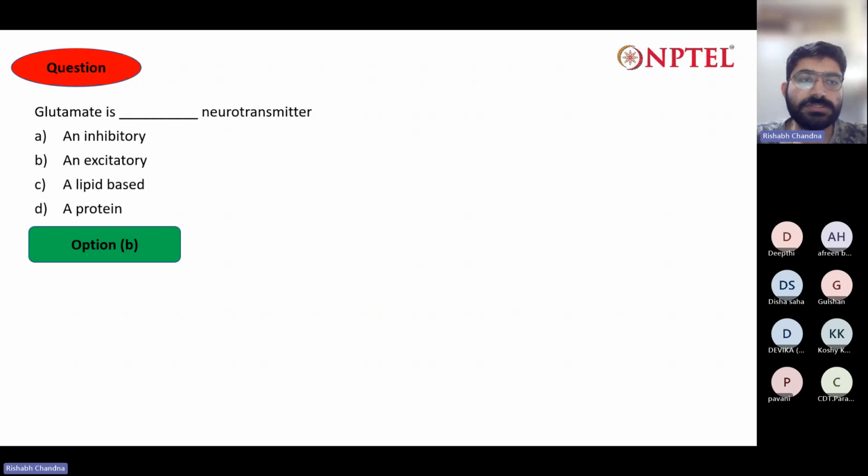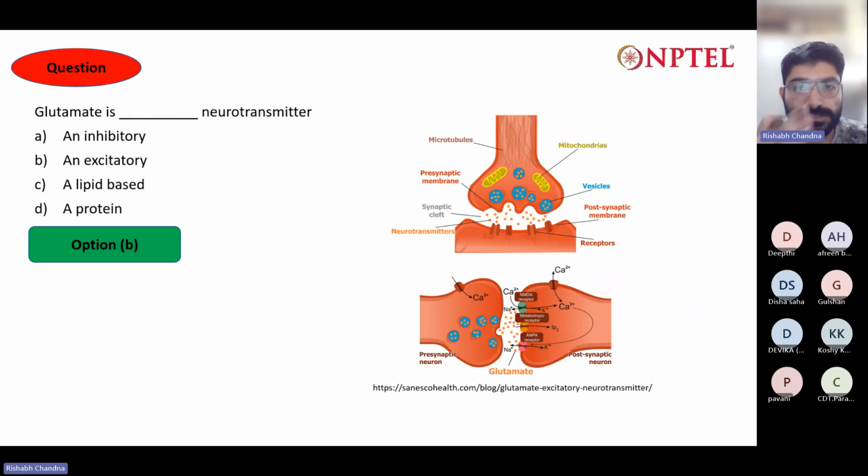So the correct answer is option B. It's an excitatory neurotransmitter, and this is the basic function that we talk about. When we talk about glutamate, it basically excites the postsynaptic neuron and increases the action potential or the opening of channels.